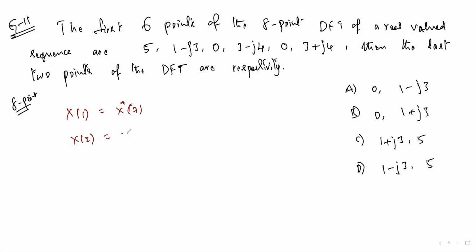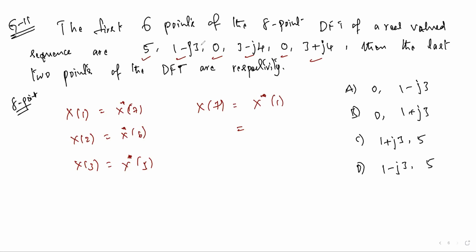X of 2 is the complex conjugate of X of 6. X of 3 is the complex conjugate of X of 5. Or reverse. What we want here: we have in our hand X of 0 up to X of 5. Then X of 7 we want, that is the complex conjugate of X of 1.